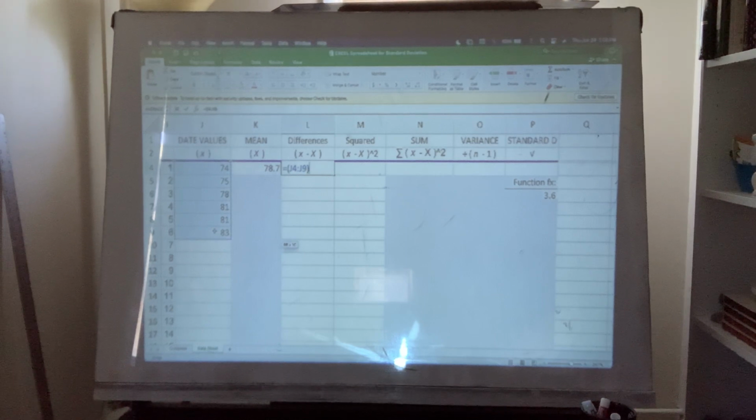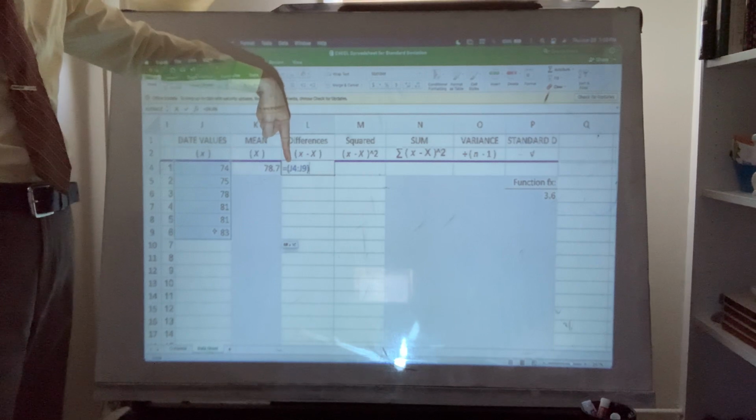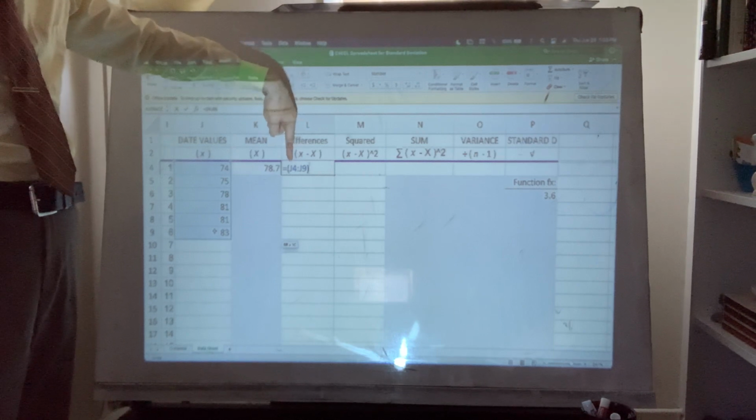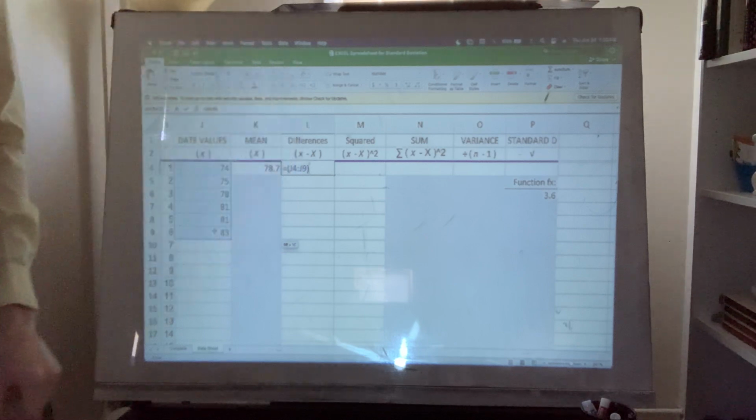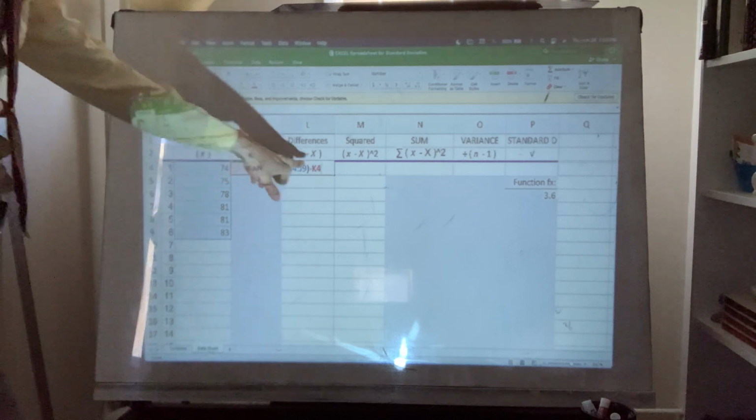Close the parentheses. Remember, this is like playing Battleship, a letter and a number as an ordered pair, to and from. And then subtract the value that is here. I'm going to just click on 78.7. Notice it gives the coordinates K4.